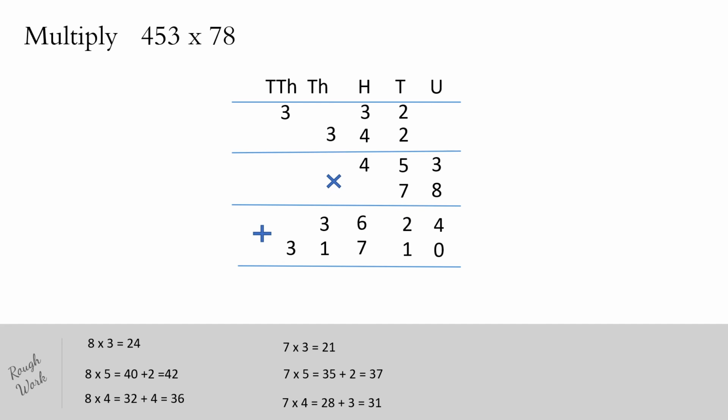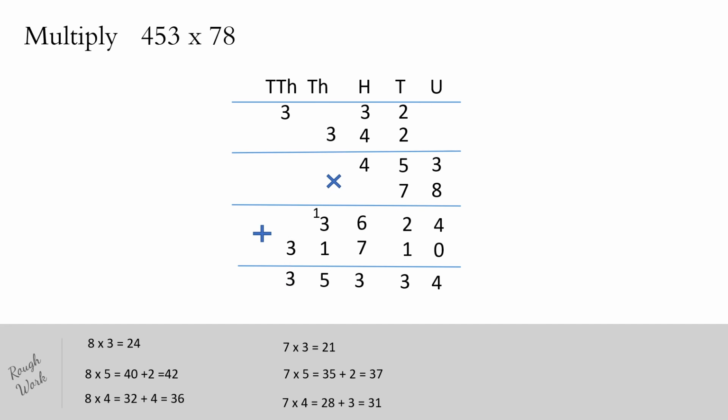4 plus 0 will get the answer 4. 2 plus 1, 3. 6 plus 7, 13. So 3 at 100 place and 1 carry at thousands place. 1 plus 3, 4. 4 plus 1, 5 and 3.